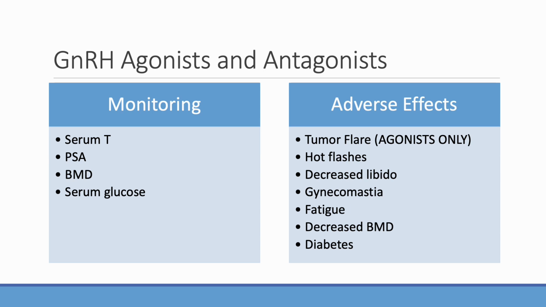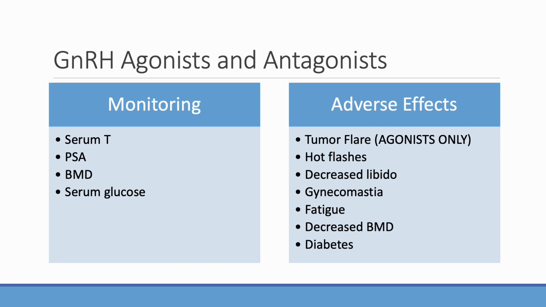So GnRH agonist and antagonist, we're going to have some monitoring similar to what we saw prior, including the serum testosterone levels, bone mineral density, but then here as well, serum glucose levels, and then prostate-specific antigen. Some adverse effects of these include a tumor flare that's associated with the agonist, and that's because if we're stimulating the production of LH and FSH to produce that testosterone from the testes, then there's going to be an initial increase before that negative feedback loop takes effect.